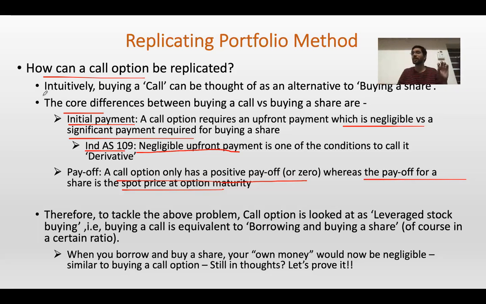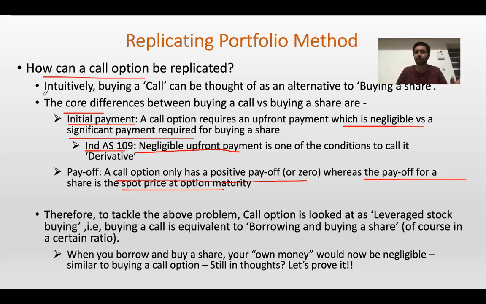At the same time, buying a call option requires a negligible cash outflow at t equal to 0, whereas it could involve a cash inflow or may not involve a cash inflow at all, meaning zero payoff at maturity. All right. So buying a call option is not the same as buying a share.